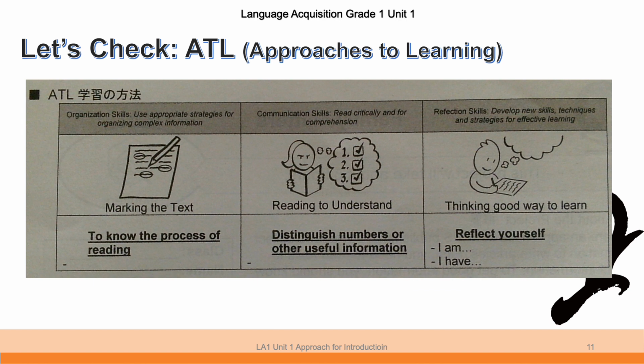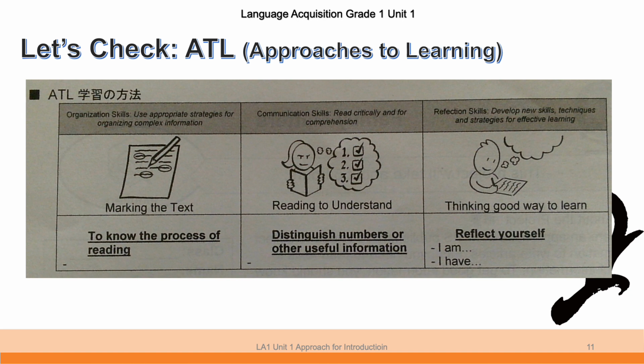Turn the page. You can see ATL on the top of the page. What is ATL? ATL means approaches to learning. Through the lessons, you will do many activities to get ATL skills and to prepare for the assessment. For example, you have 3 ATL in Unit 1.